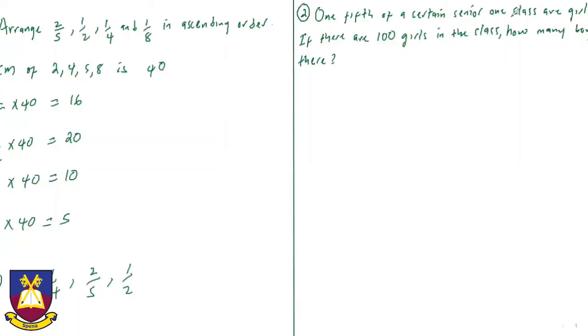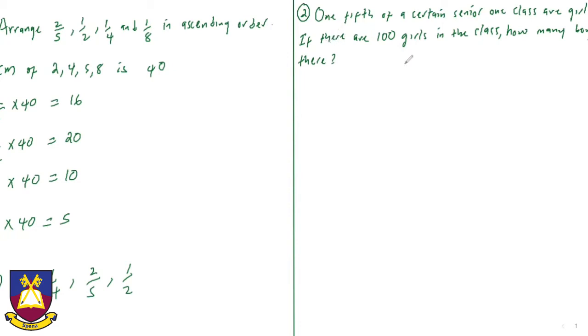1/5 of a certain senior 1 class are girls. If there are 100 girls in the class, how many boys are there? So this is an example of word problems involving fractions.